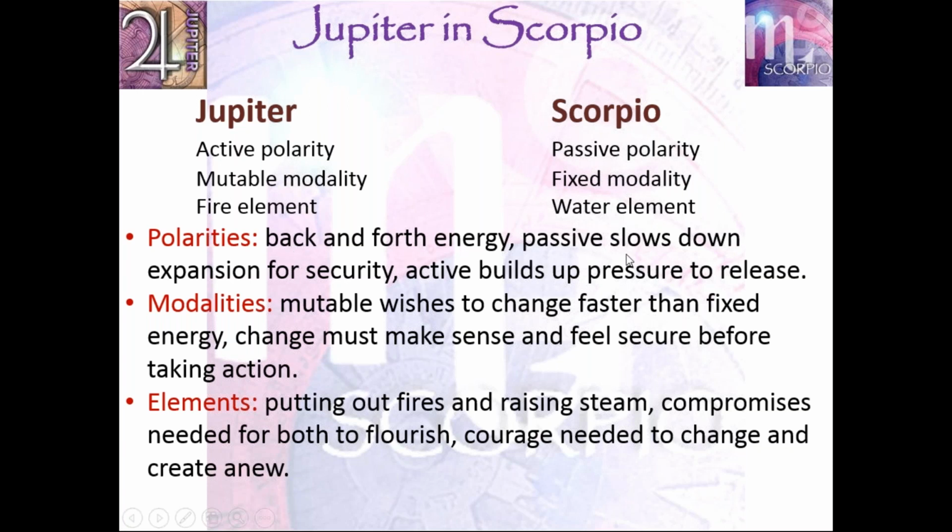The passive energy of Scorpio is going to want to slow down any Jupiter expansions for security reasons. The active polarity of Jupiter is going to build up pressure to be released. With the modalities, the mutable modality is going to want to make changes faster than that fixed energy of Scorpio.